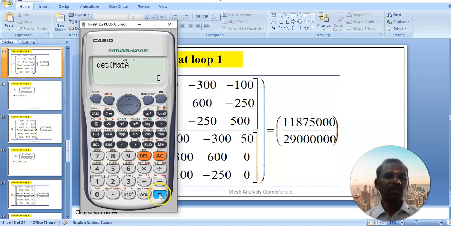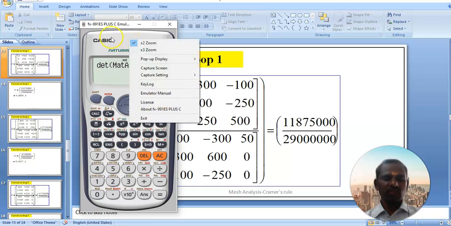If you just equate it, I will be getting the same answer. It is 11, 87, 5000, right, which is very similar using the calculator.